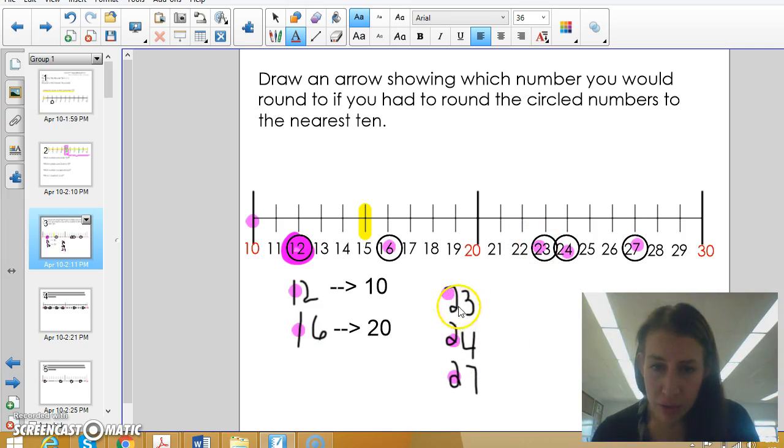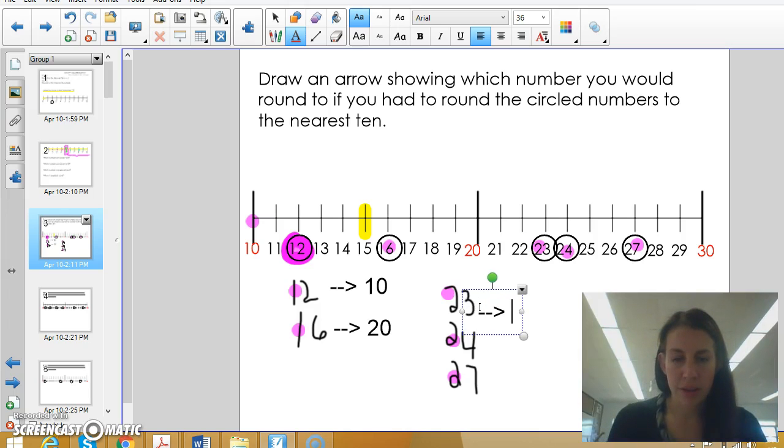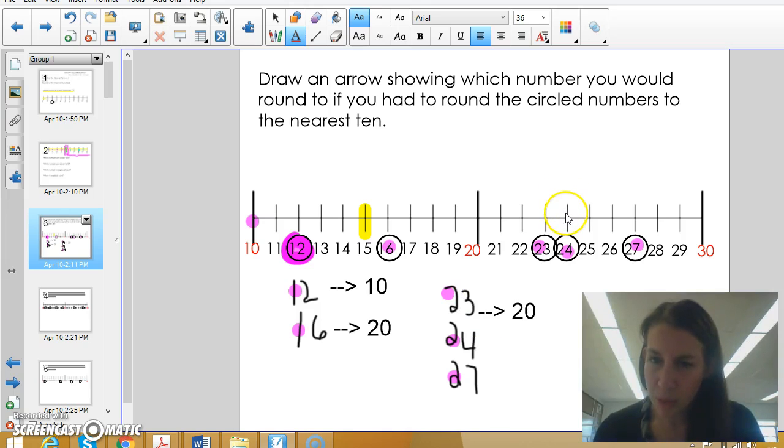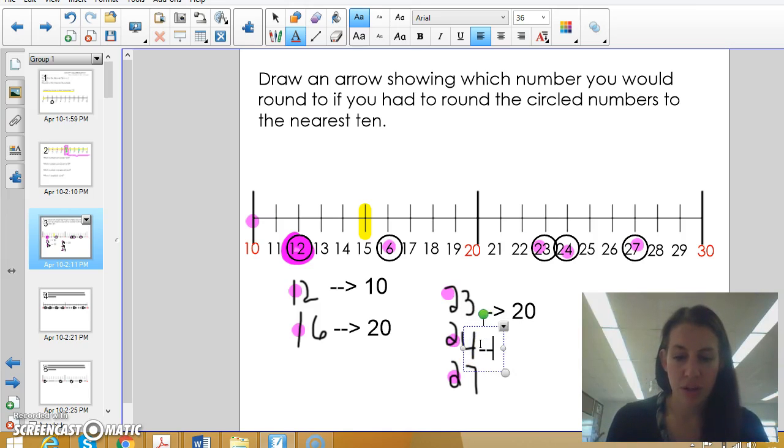23, is it closer to 2 tens, or is it closer to 3 tens? Looks closer to 2 tens to me. 24 is getting pretty close to the middle, but it's not quite there yet. So 24 is also closer to 20. What do you think about 27?